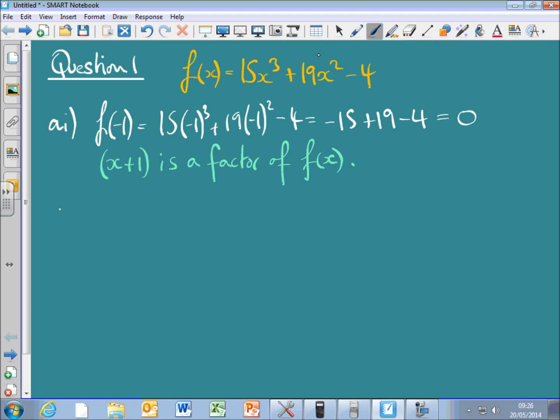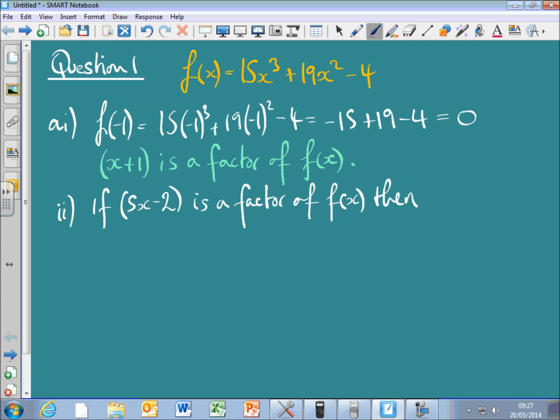In part 2, we're asked to show that 5x minus 2 is a factor of f of x. So we can say that if 5x take 2 is a factor of f of x, then if I sub in x equals 2 over 5, I should get 0, because there'll be no remainder.